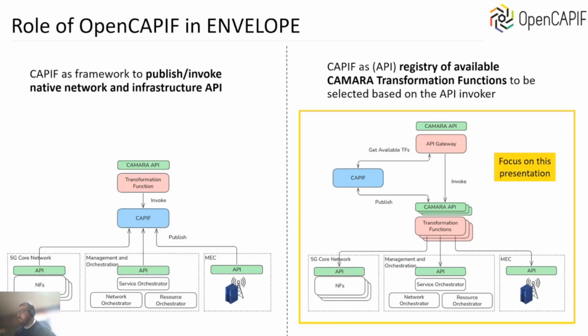We can have several implementations based on the use case, the context, the vertical, and CAMARA can be translated in several ways, right? So here on the right side of this slide, we are presenting how we are publishing the different available transformation functions of the same CAMARA APIs.